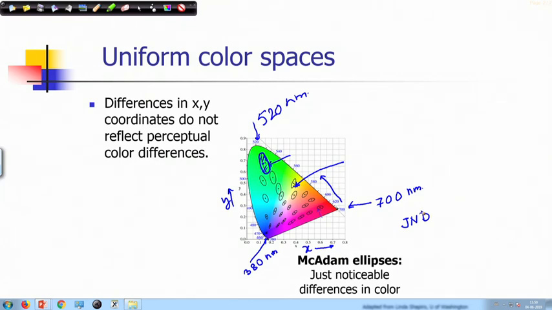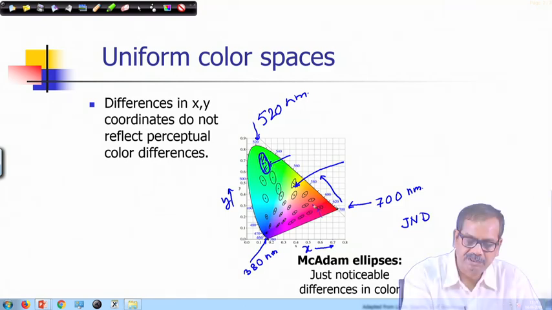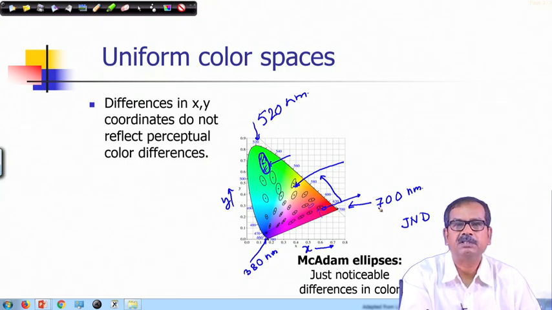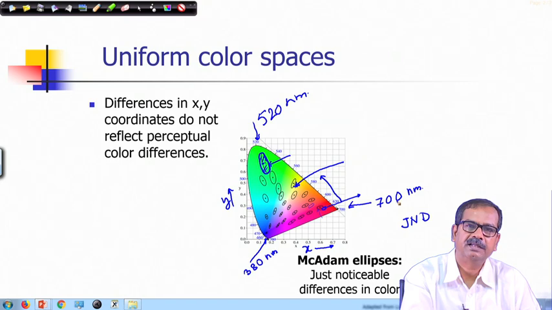Now, the problem in this XY space is that the size of these ellipses is non-uniform. You can see the size of the ellipse at this location is quite large, whereas near the red region the ellipses are very small. That is a problem with representing color in an XY chromaticity space.